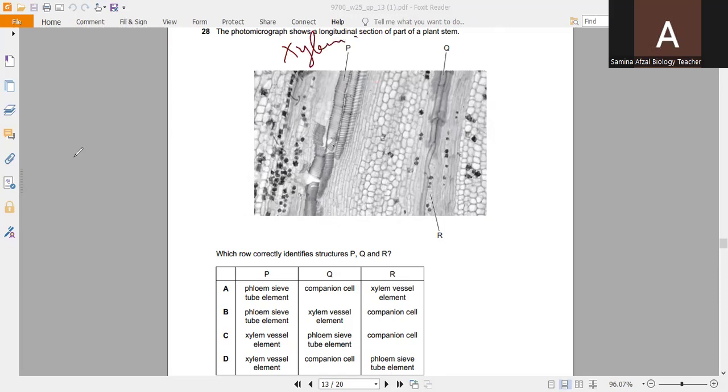And Q, you can clearly see the sieves over here. A long continuous tube running parallel to the xylem but lacking thick lignified wall pattern, with narrow dense cells next to it. So this is the phloem. And with the phloem, you can see a cell with the nucleus, which is the companion cell.